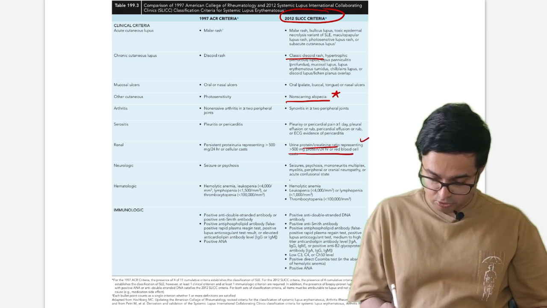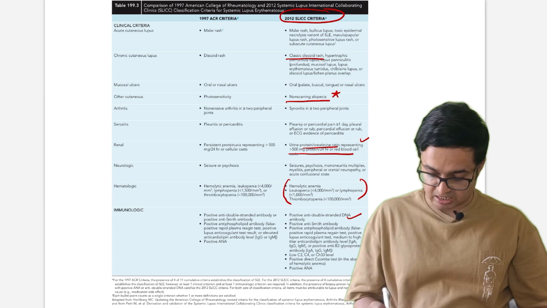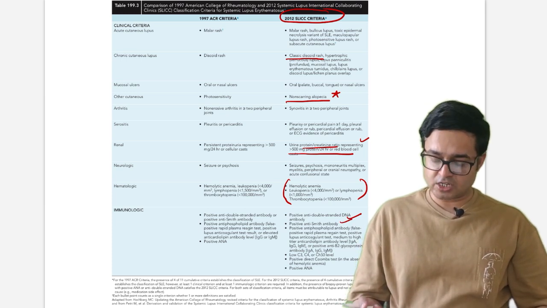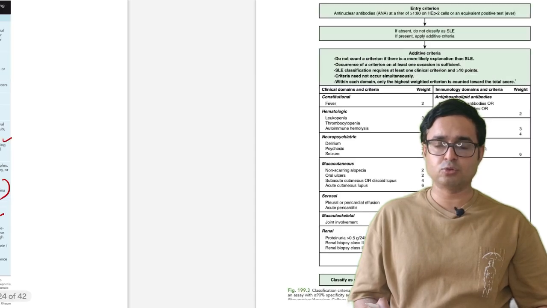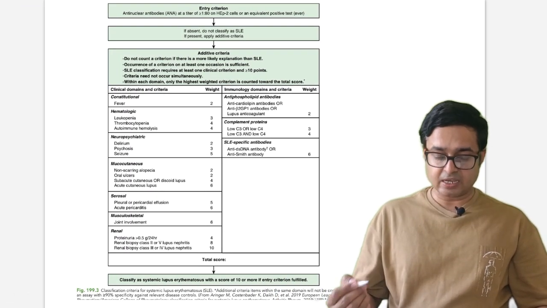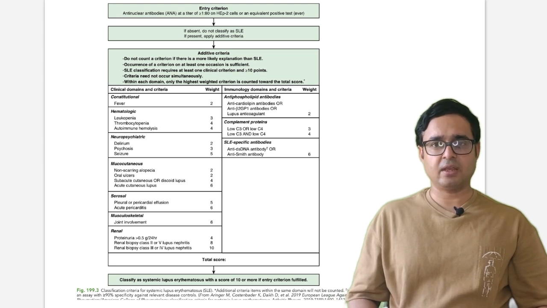Hematological: hemolytic anemia, leukopenia, thrombocytopenia are included, and positive anti-double-stranded DNA antibodies, anti-Smith antibodies; immunological parameters have been changed. So these are the changed criteria. Just go through the highlighted ones. Okay, so this is a classical diagnostic framework of SLE, very much important.